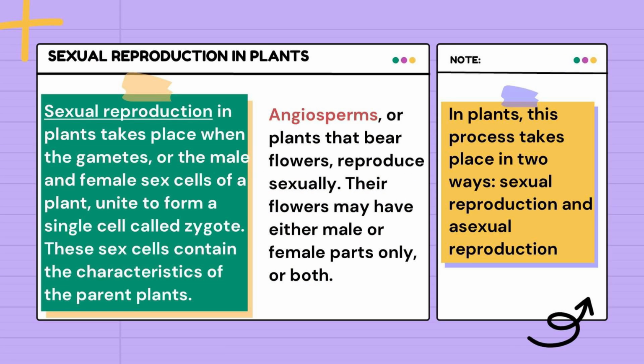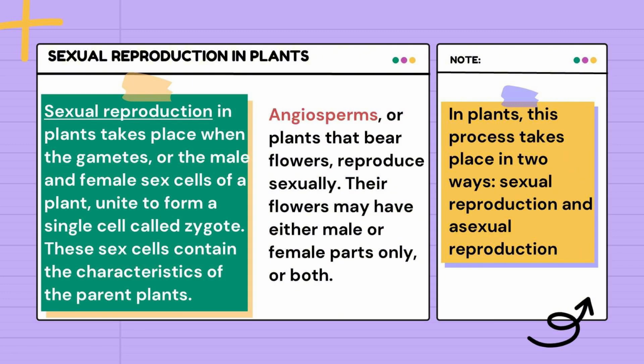As we all know, we have two types of reproduction. The first type is the sexual reproduction, and the second type is the asexual reproduction. When we say sexual reproduction, this is the process by which the plants or the animals use gametes to reproduce.